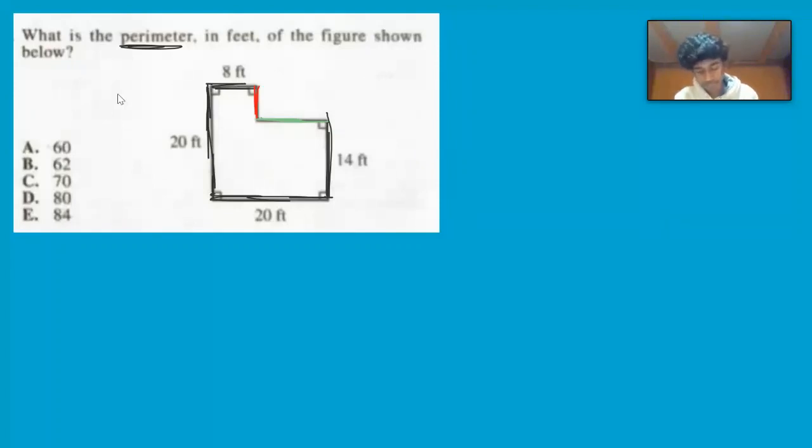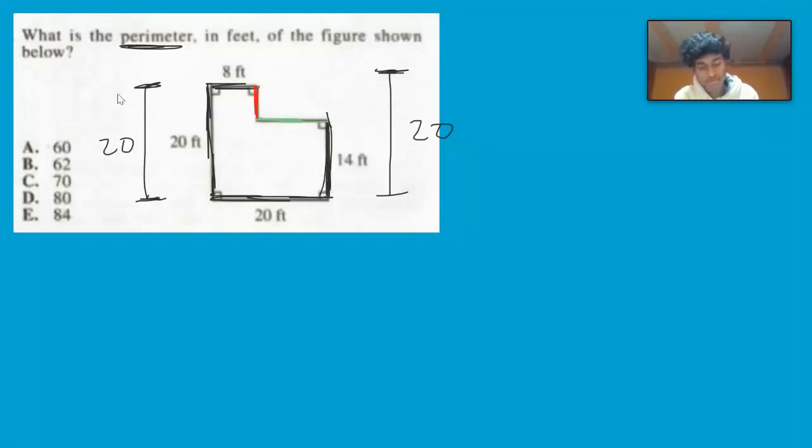Well, let's think about this like this. Let's look at the red region. We know that this whole vertical length is 20, and since this whole vertical length is 20, then obviously this vertical length is also 20. So if this vertical length is 20, we know that this is 14.